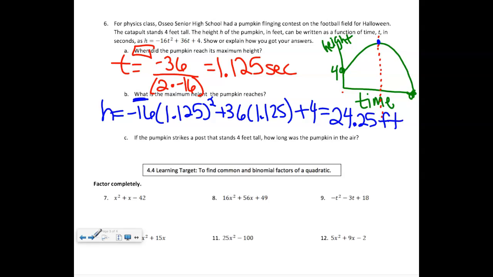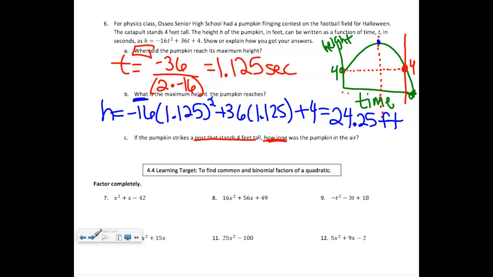Okay. Now the last thing we're going to do is we say, what if our pumpkin hits a post that stands 4 feet tall? How long did that take? So there's a post here, and it hits it at 4 feet. So we're trying to find out how long it took from here to here.